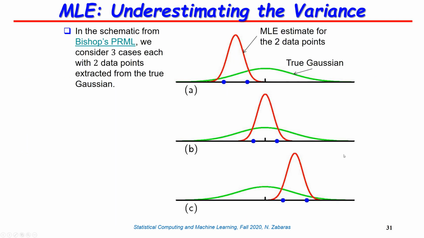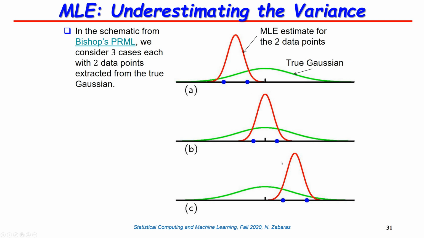And actually, this underestimating of the variance was communicated very nicely with this picture from Chris Bishop's book, where, I remind you, we have a true Gaussian, and we take two samples at a time from that Gaussian, and we try to approximate the mean and the variance of the true Gaussian.